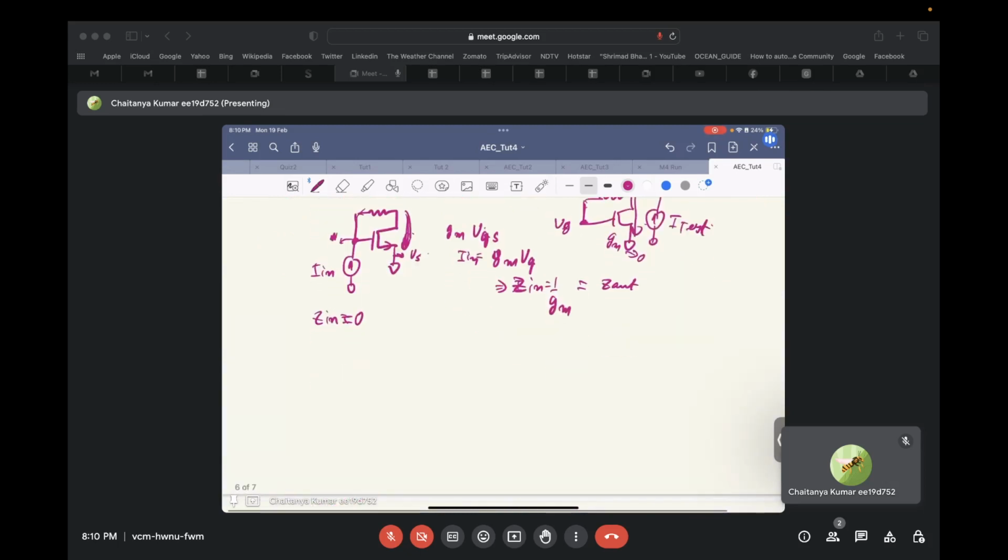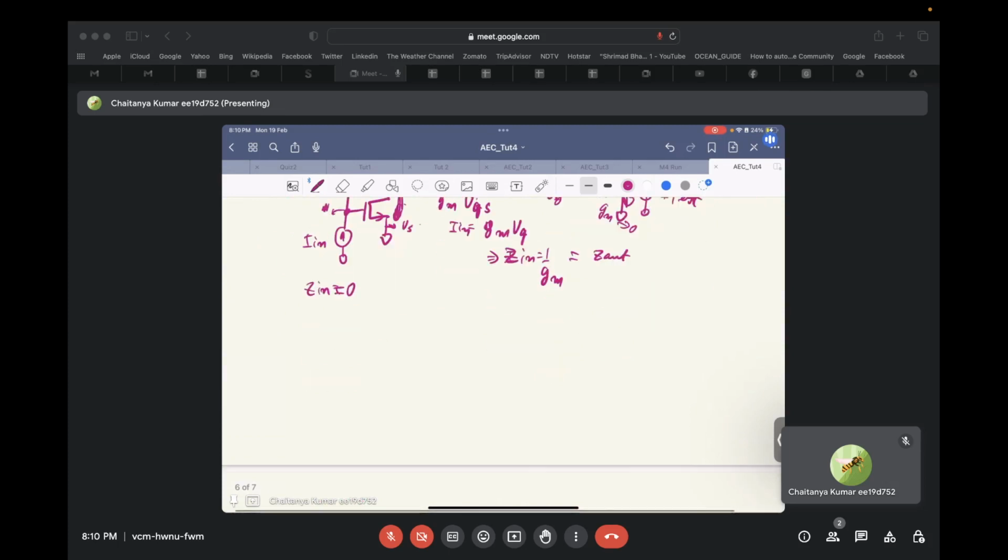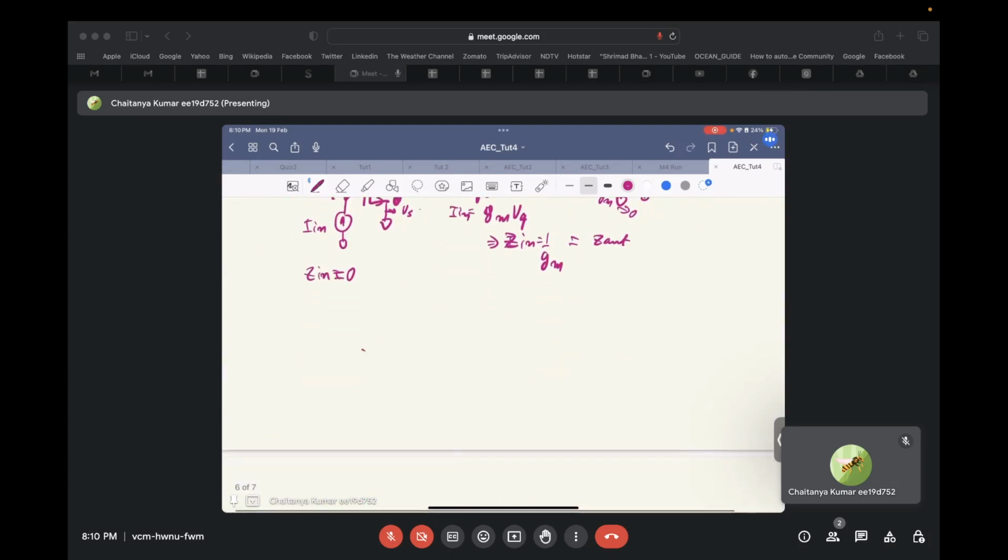And as far as biasing of this circuit is concerned, it can basically be a current bias circuit, VDD, and here we can apply some I in.